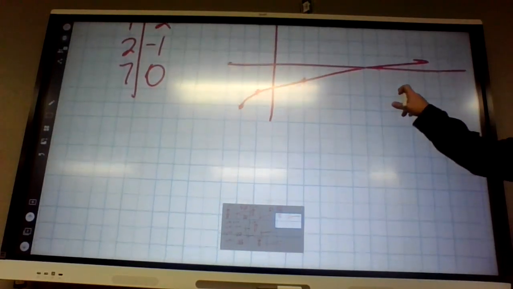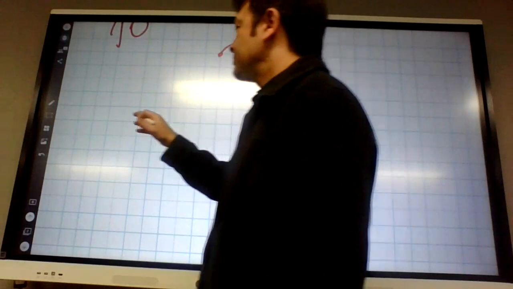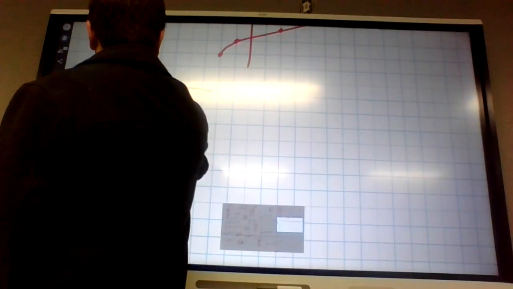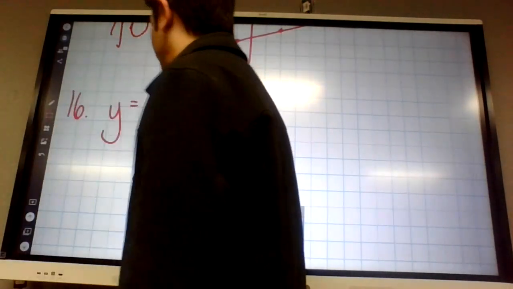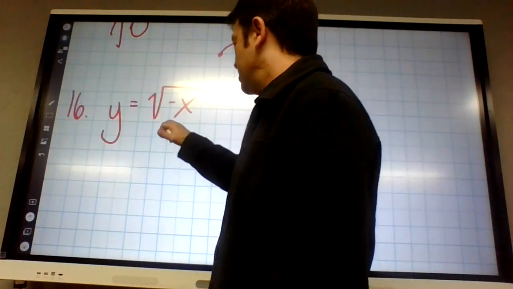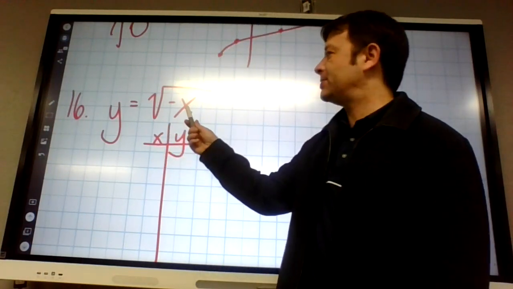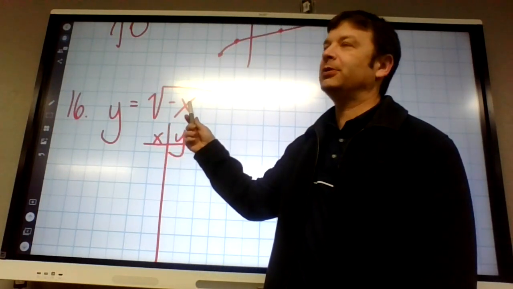Okay, 16. What's different about 16? It has a negative x. There's a negative on the x. Anybody want to guess what's going to happen with it? I don't know if we've talked about this before, maybe not. What's a good place to start? Does 0 work?